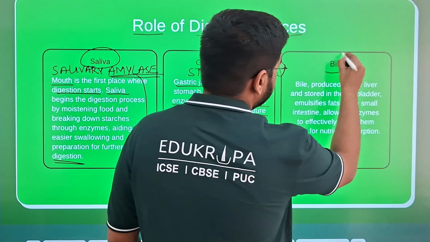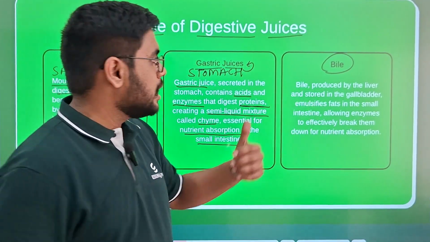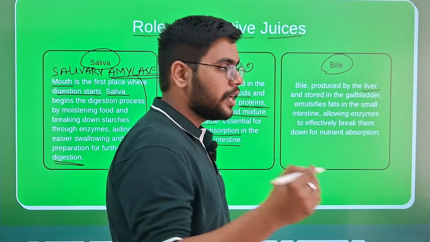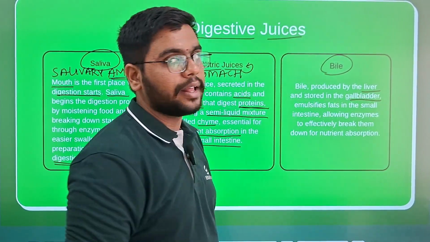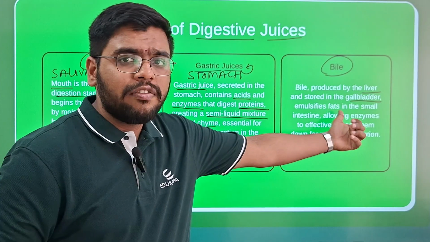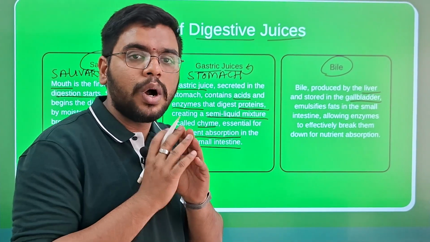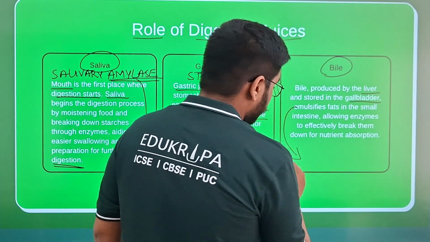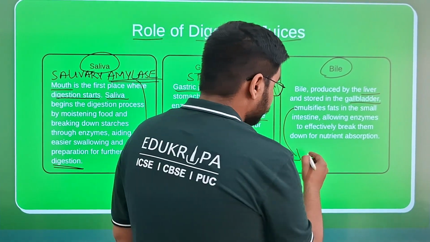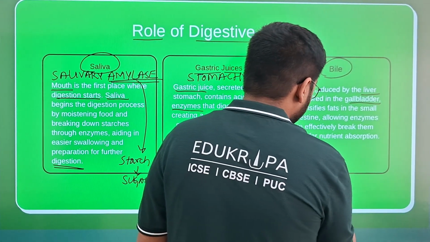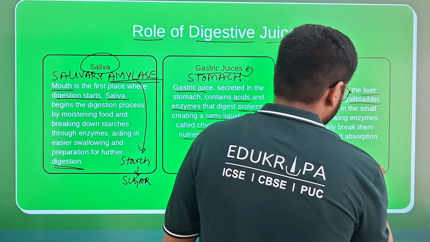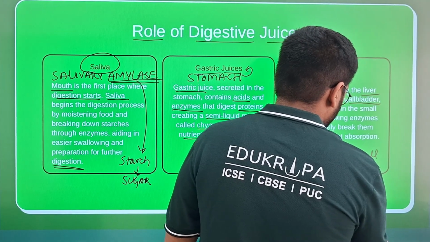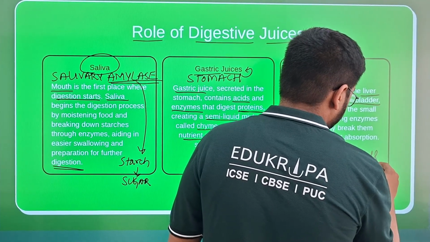Next comes the bile. Bile is mainly produced in the liver and stored in a different organ named the gallbladder. It emulsifies fats. What does this mean? This is similar to the breaking down of carbohydrates. This indicates that complex fats are converted into small fat globules.